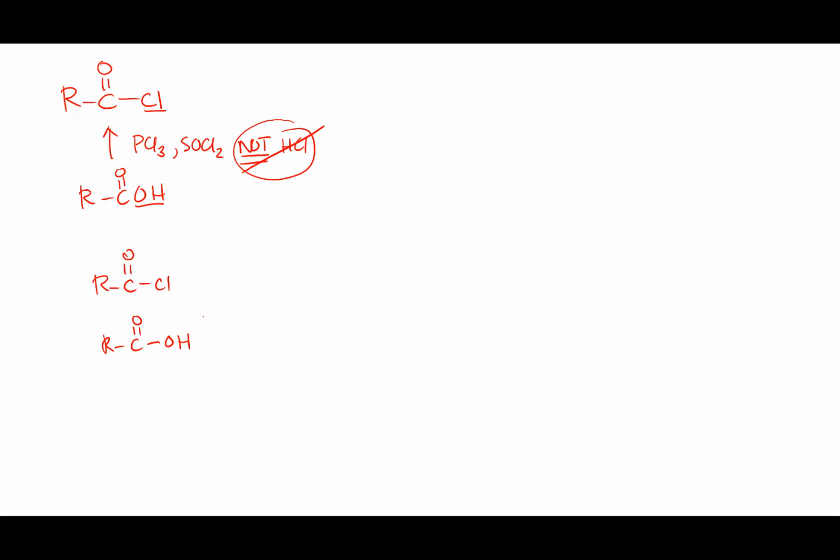If I react the carboxylic acid with lithium aluminum hydride, and then do an H plus H2O step, I'm going to end up forming the primary alcohol.